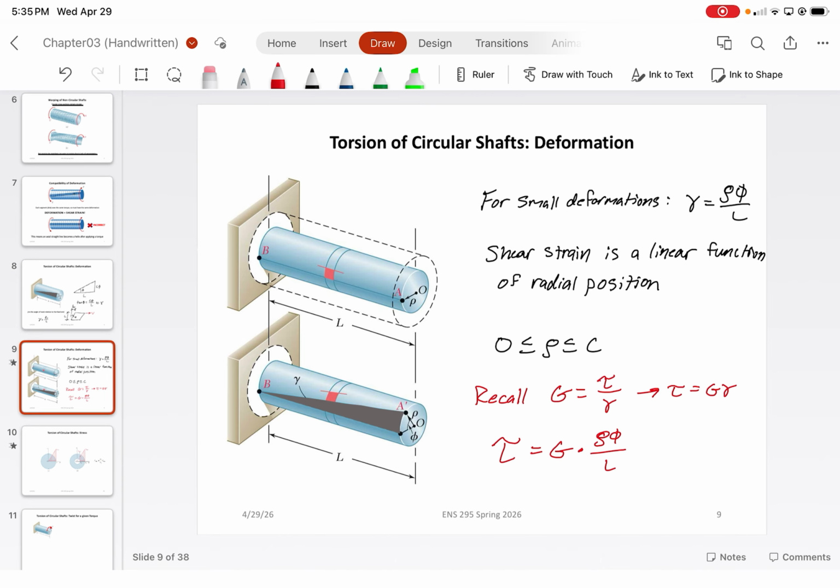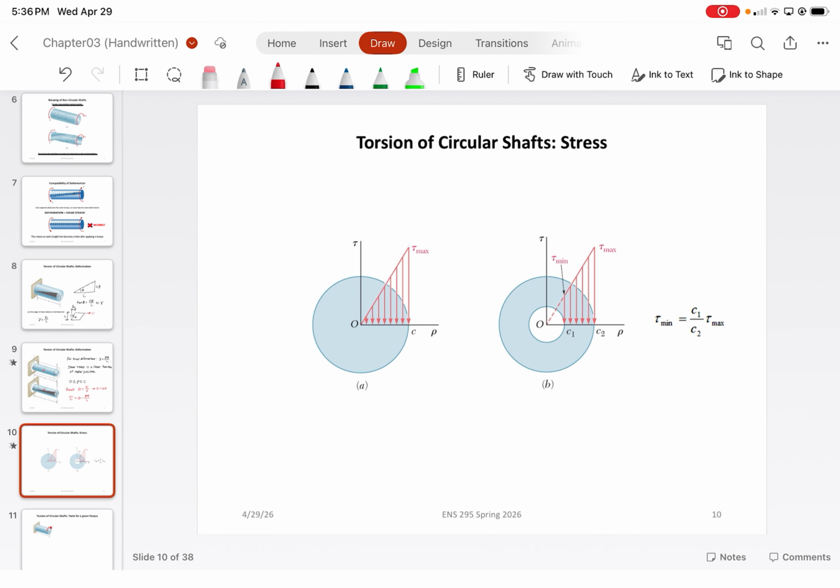All right, and what we'll notice is that similar to the shear strain increasing radially from the center of the circular shaft, the stress will also increase radially from the center of the shaft. One thing to note is that this rule does not change from solid shafts to hollow shafts.